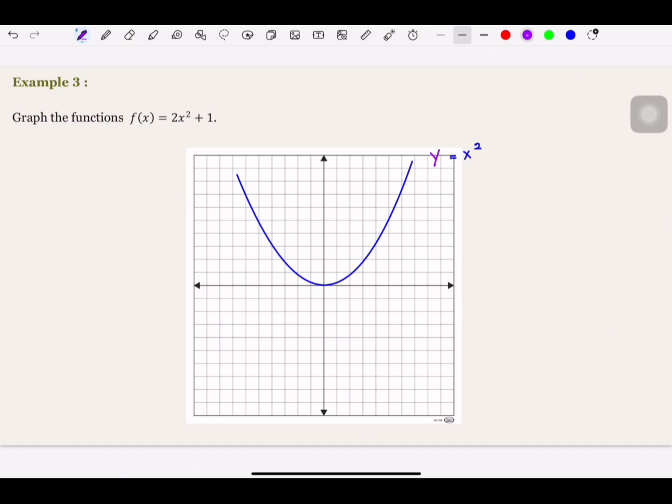The first step would be to construct 2x squared, which is a term of f of x. You can clearly see this is going to be a vertical stretch because the constant is greater than 1.